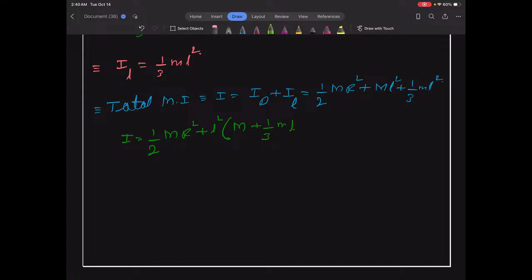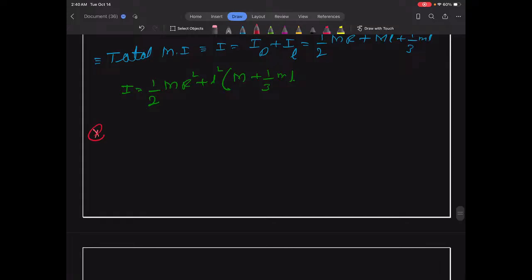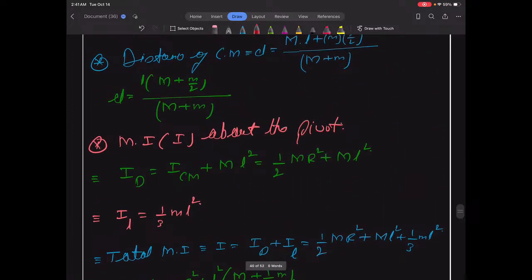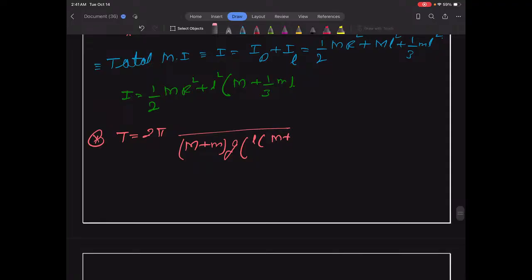Now we simply substitute it into our time period equation. So this is our time period T, that is equal to 2 pi, and in the denominator we have our total mass multiplied by g, and d, that is the distance of our center of mass, which is L, M plus small m by 2, divided by M plus small m.